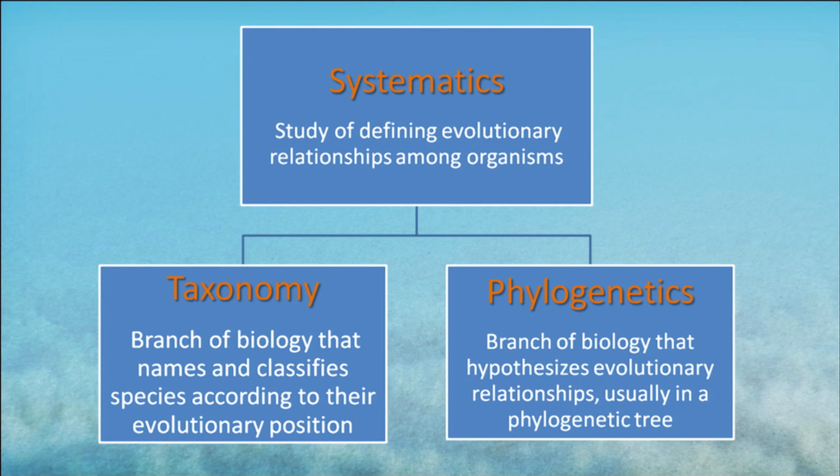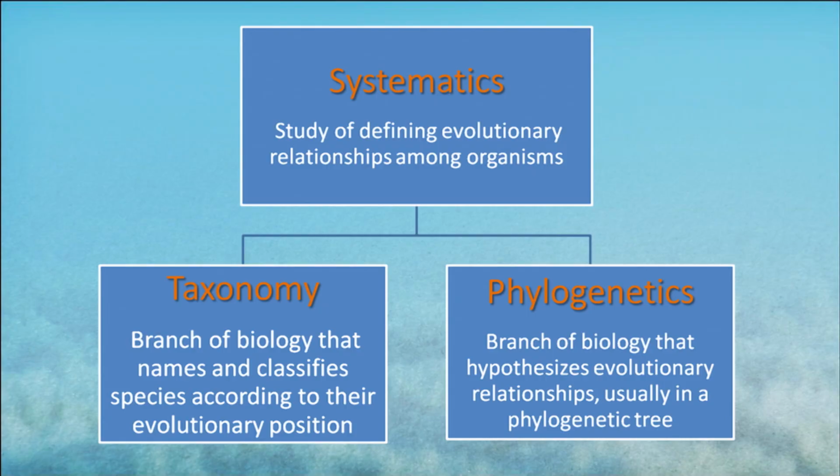Now, interestingly, unlike most hypotheses, which use a written form, phylogenetics use a graphical form, and we call that a phylogenetic tree. But we'll look at that in a little bit. The other branch of systematics is called taxonomy. And taxonomy basically says, let's take these organisms and classify them into smaller and smaller compartments until finally we have a single species. Once we have that species, we'll assign a scientific name.